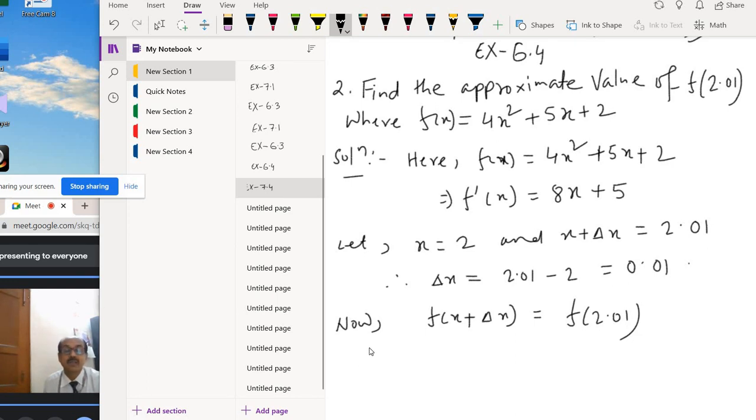So delta y equals f of x plus delta x minus f of x.